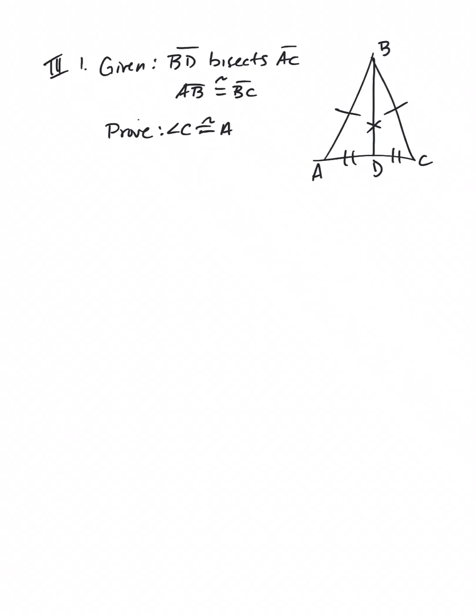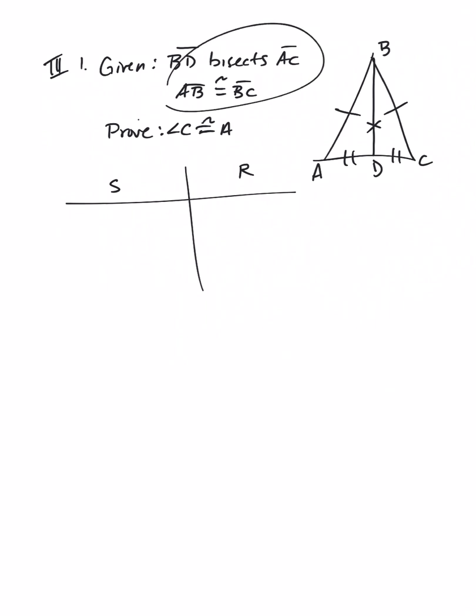So before I do the proof, I plan it out. So number 1, we have the givens. Of course, you have to write them out. Then I'm going to put that BD is congruent to BD, so I don't forget to put it. Reflexive property.